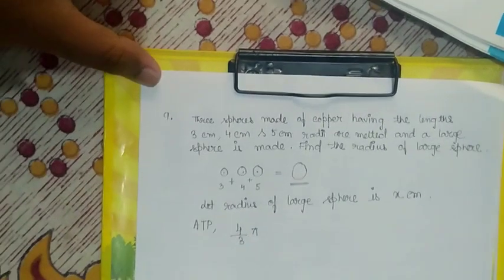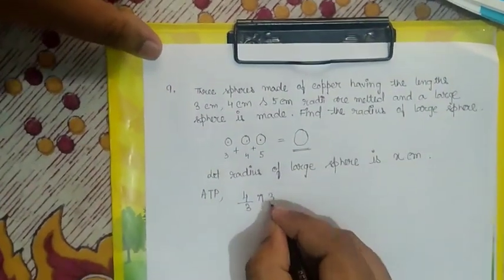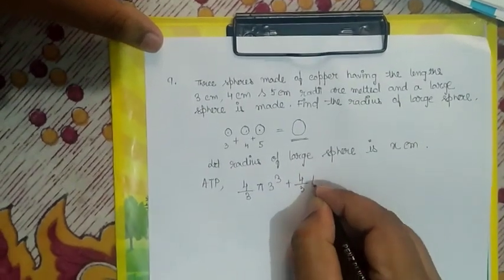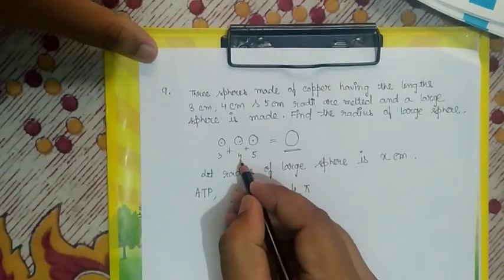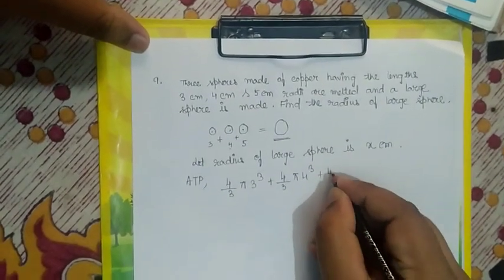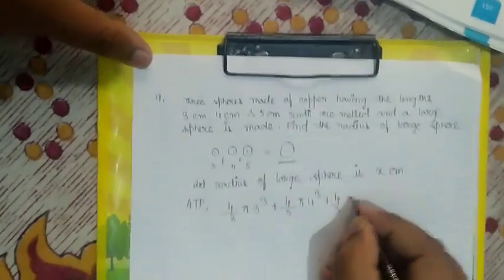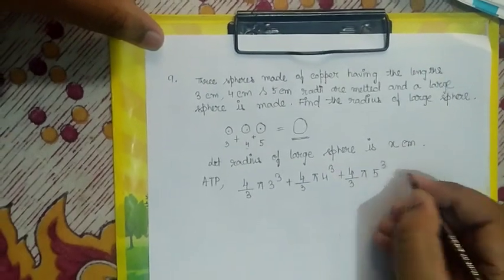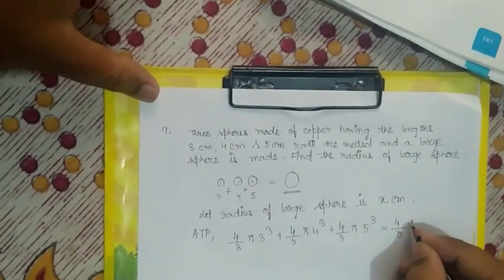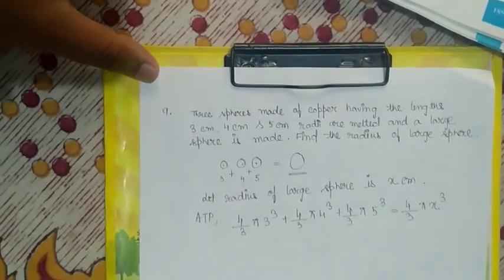Here r is equal to 3, so 4 by 3 pi 3 whole cube plus 4 by 3 pi, this one is 4, so therefore 4 whole cube plus 4 by 3 pi 5 whole cube equal to 4 by 3 pi x whole cube.